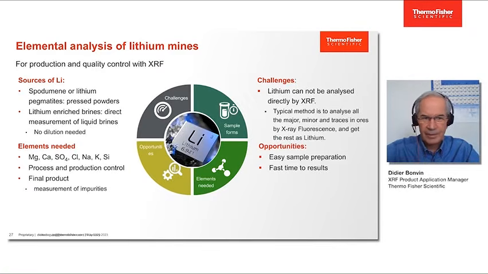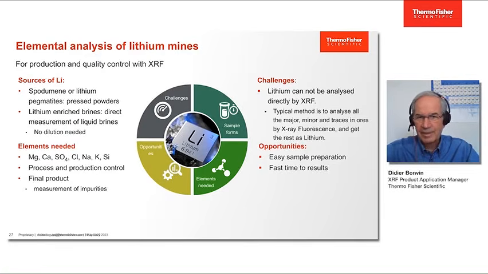Advantage of X-ray fluorescence is that there is no dilution needed. The typical elements required are listed here: magnesium, calcium, sulfate, chlorine, sodium, potassium, silicon, mostly for process and production control, but also for checking the final product, the purity or the measurement of the impurities in the final product.